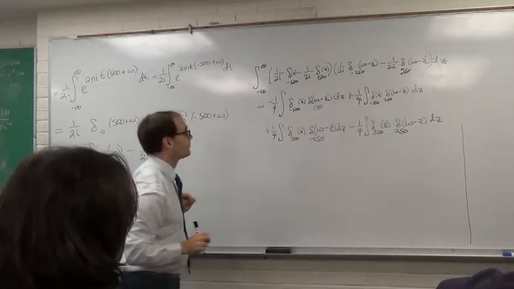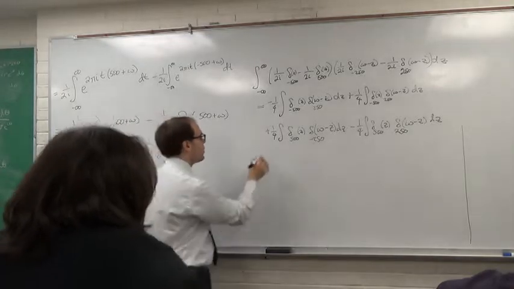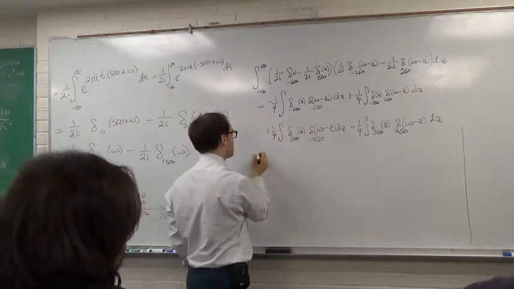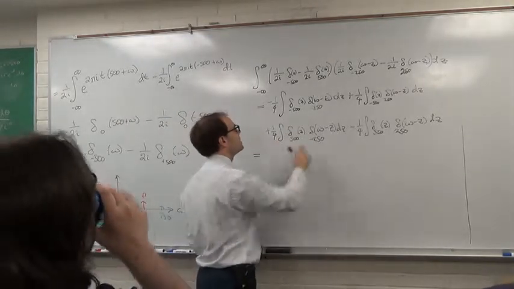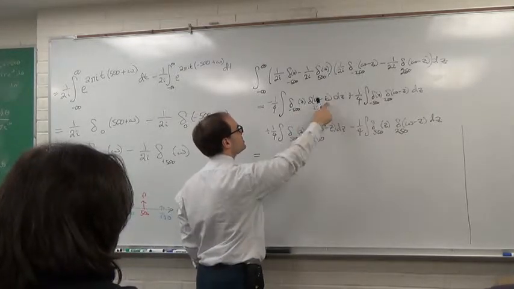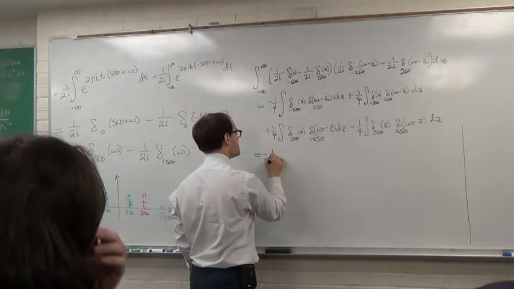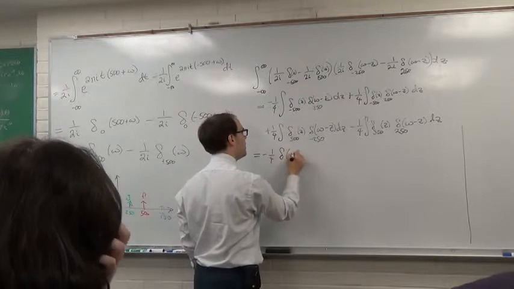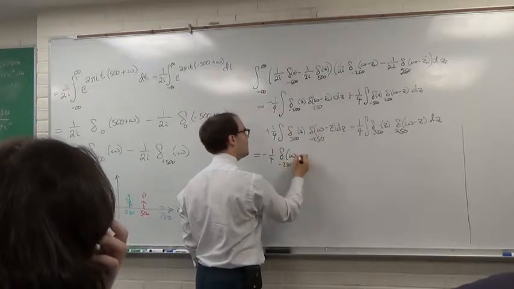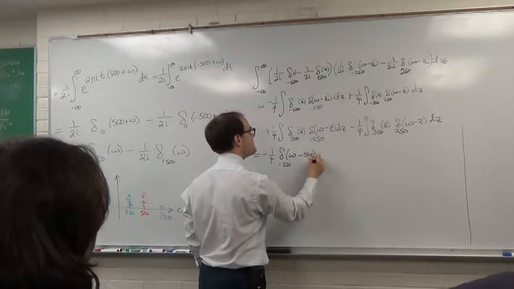Okay, cool. Now all of these delta function convolutions are pretty easy to work out. This one here, I'm going to put in the z as 500. So this is minus 1/4 delta of minus 250, omega minus 500.